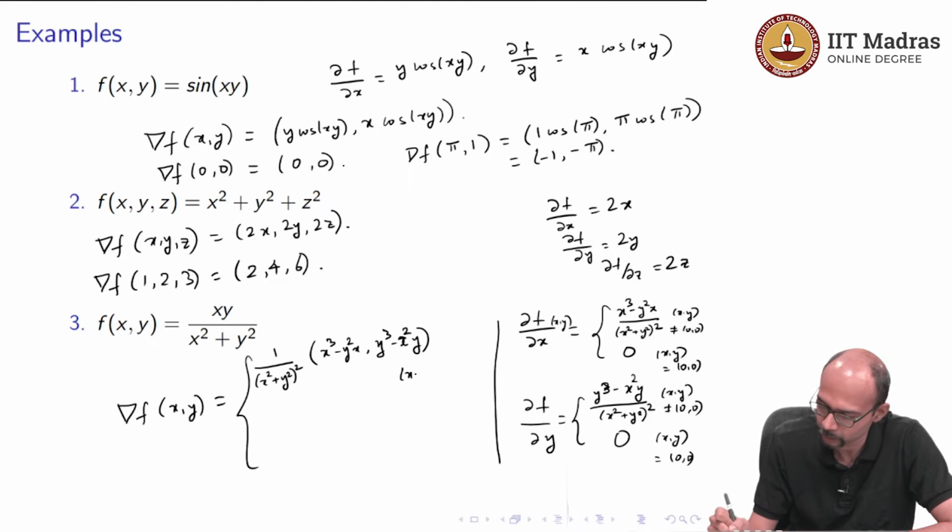This is if (x, y) is not (0, 0), and it is the vector (0, 0) if (x, y) is (0, 0).